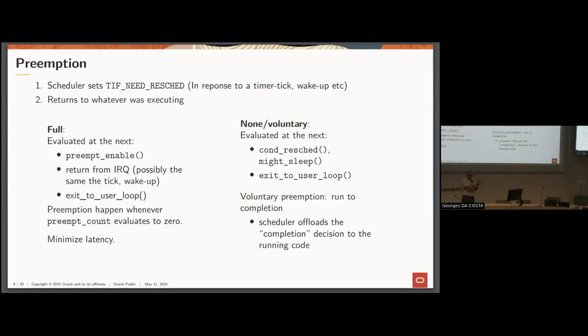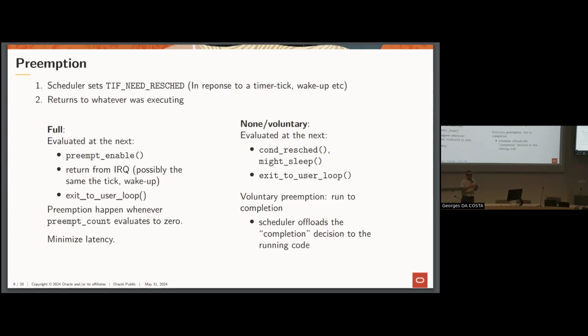In the full preemption context, you would check this flag at, say, the next preempt enable or when you return from an IRQ, which in this case could be the wakeup. At those places you would check if it is safe to preempt by evaluating this flag and preempt count, and if it is safe, you would switch.